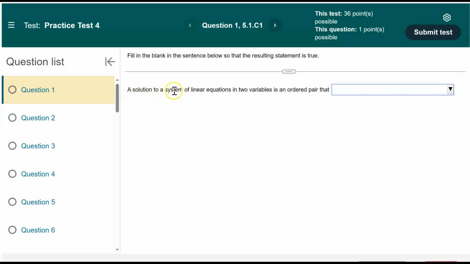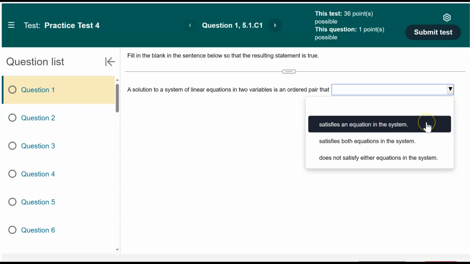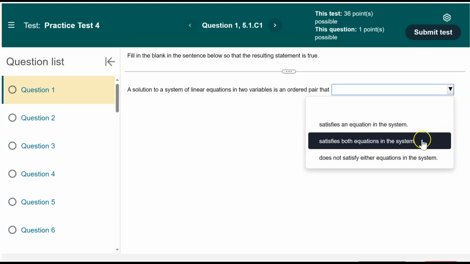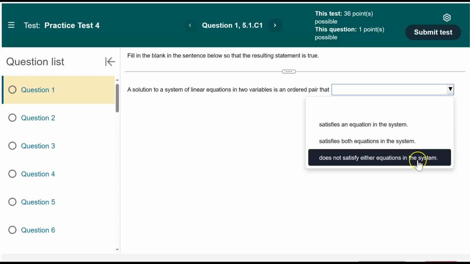A solution to a system of linear equations in two variables is an ordered pair that... fill in the blanks: satisfies the equation in the system, satisfies both equations in the system, or does not satisfy either equation in the system.